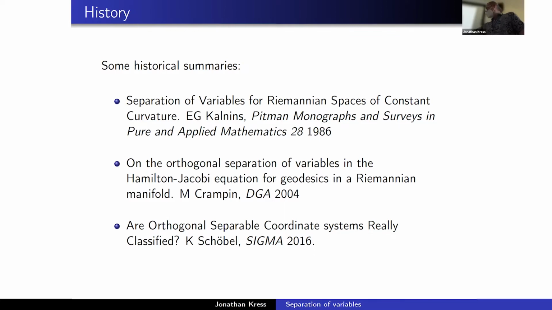He wrote several papers. This one has the most provocative title, which I thought was appropriate given Vladimir's questions about whether everything was done. But actually, his question, are orthogonal separable coordinate systems really classified, was a different question.